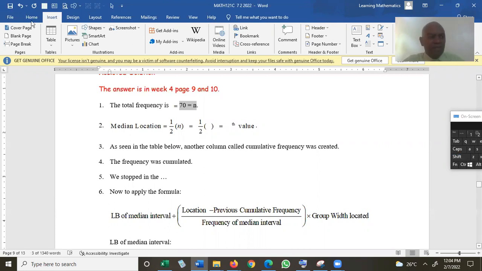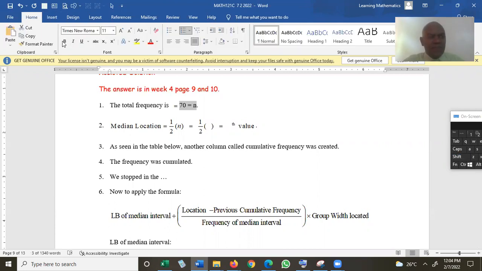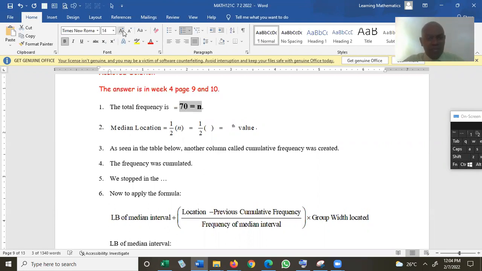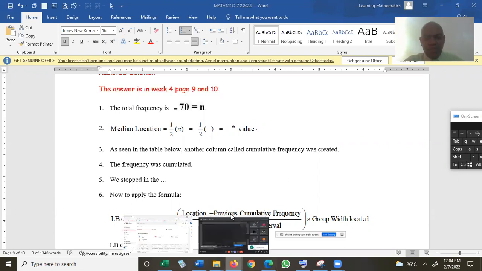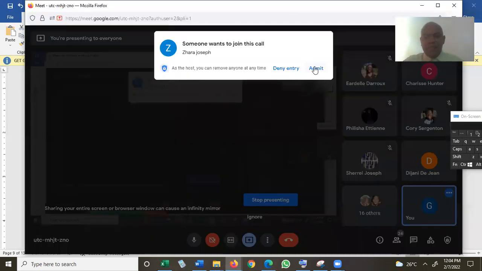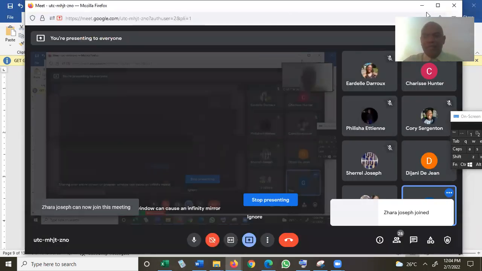The first step to find the median when you have a table of intervals with frequency is to find the total frequency, which will constitute the N. Now the next step.